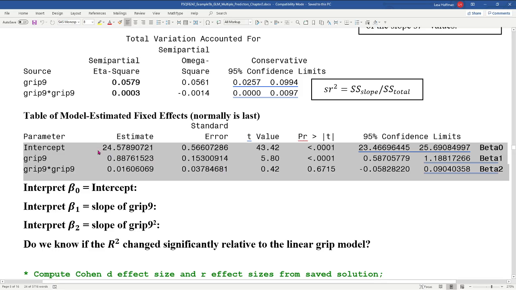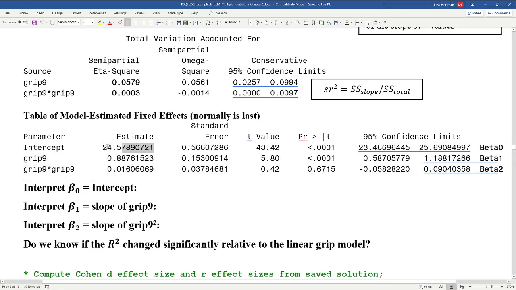But for completeness, we can talk about what each of these parameter estimates means. The intercept of 24 is the expected cognition outcome for someone with a grip strength of 9. Specifically at a grip strength of 9 is what this linear slope refers to, the instantaneous linear slope when the predictor equals 0, which is 9 pounds. At that point, for every unit higher grip you have, cognition is predicted to go up by 0.89.